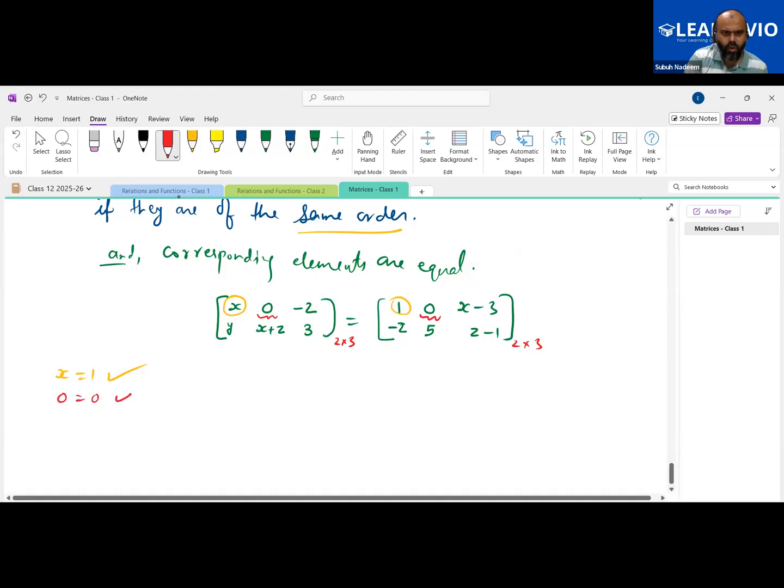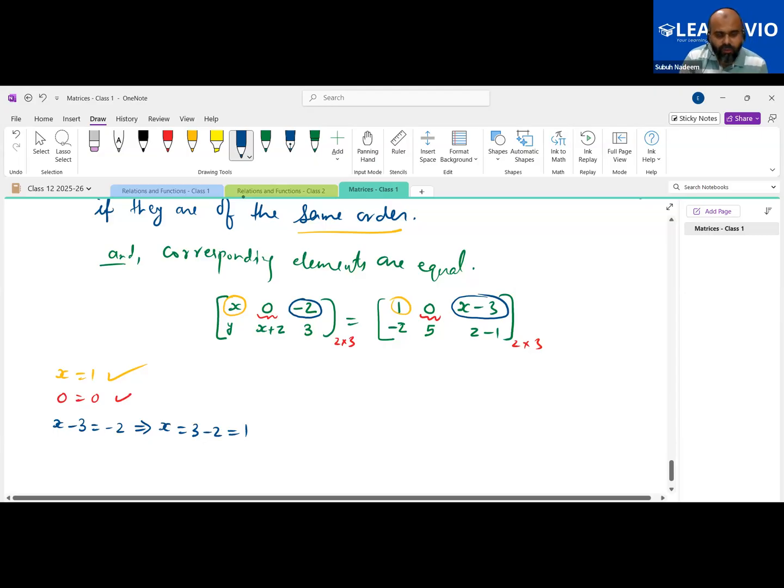First row third column element, then minus 2 should be equal to x minus 3. So x minus 3 is equal to minus 2. So x is equal to 3 minus 2, which is equal to 1.